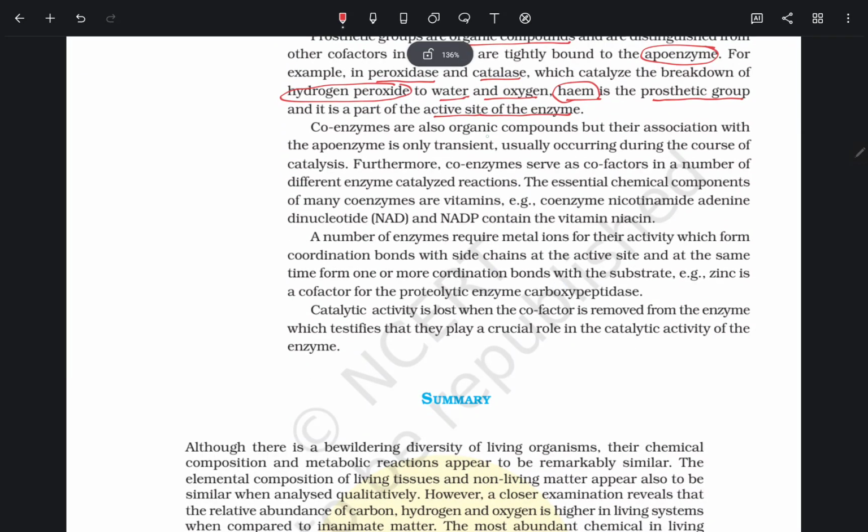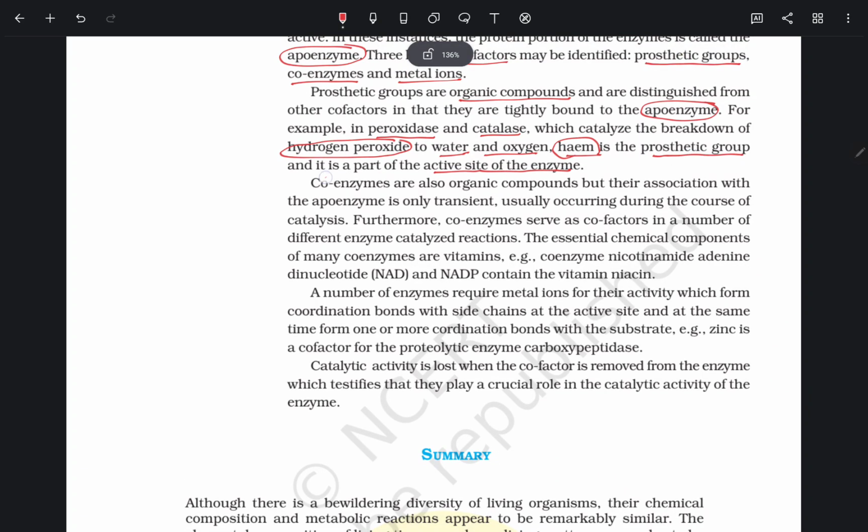Coenzymes are also organic compounds, but their association with the apoenzyme is only transient, usually occurring during the course of catalysis. Furthermore, coenzymes serve as cofactors in a number of different enzyme-catalyzed reactions.